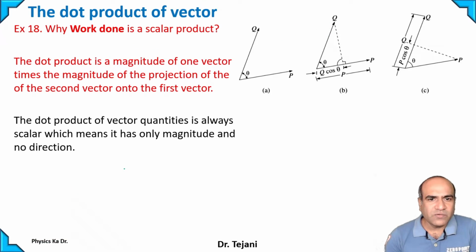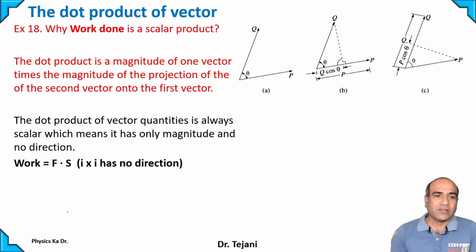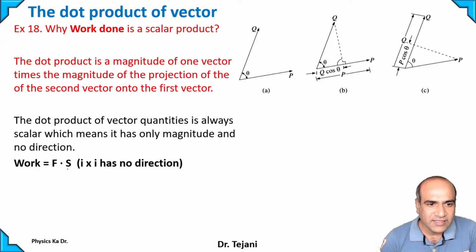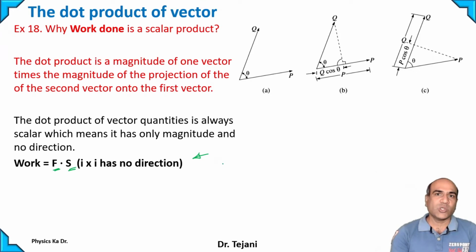So, the dot product of vector quantities is always a scalar, which means it has only magnitude and no direction. And therefore, work is equal to force multiplied by displacement. It is a dot product. And therefore it has no direction. It has only magnitude and therefore it becomes a scalar product.